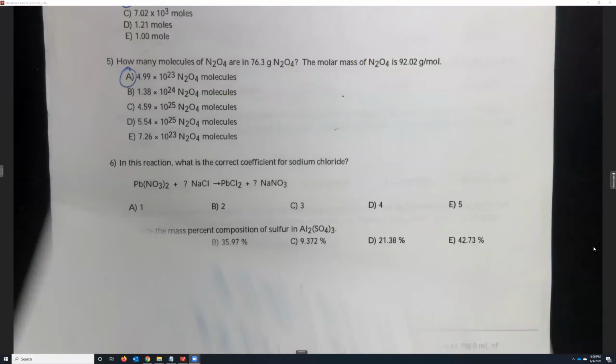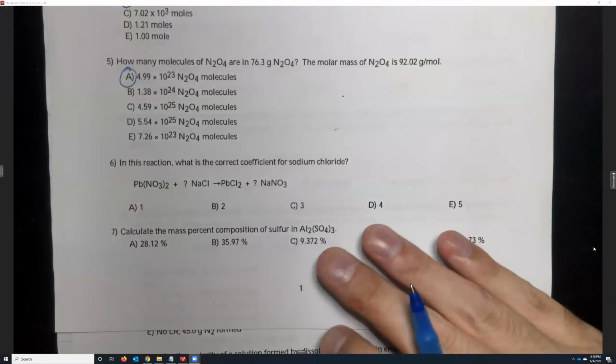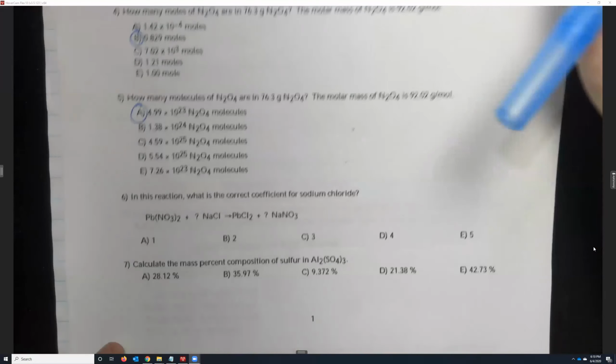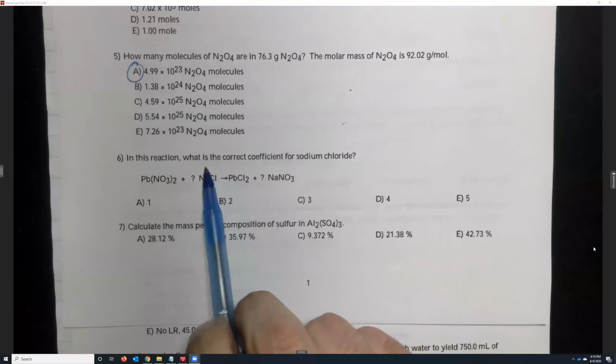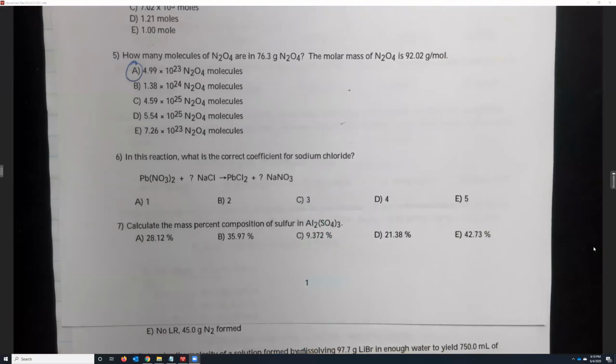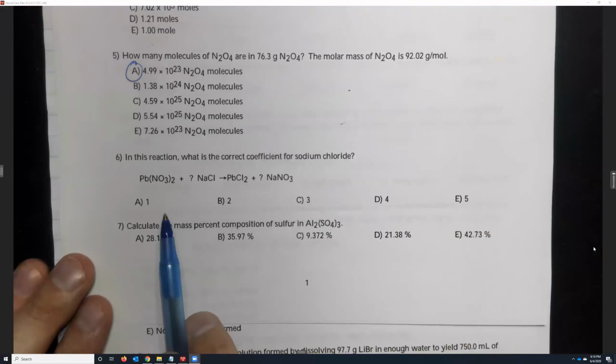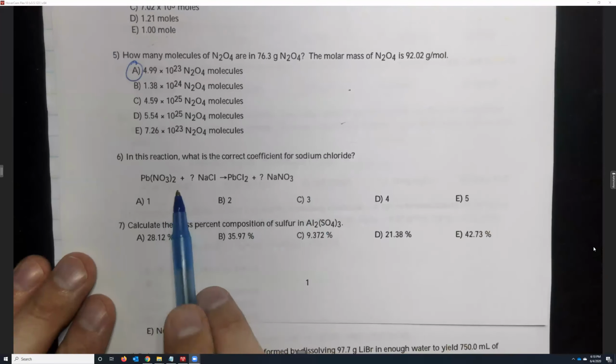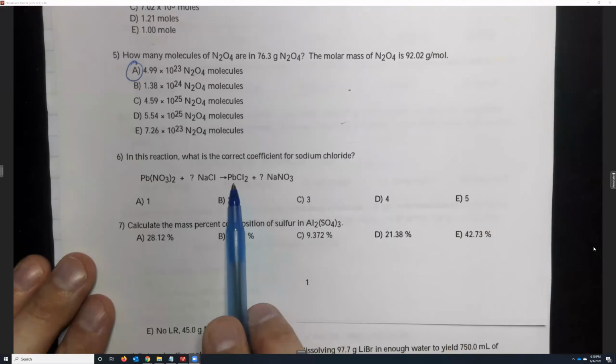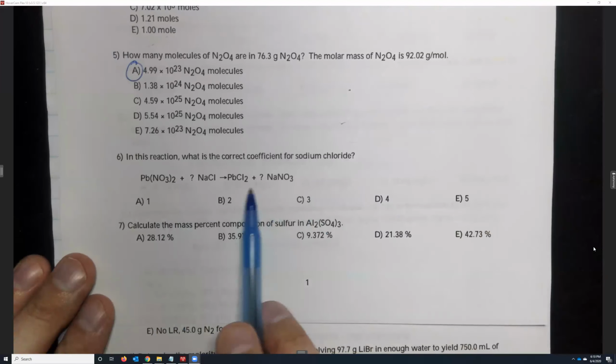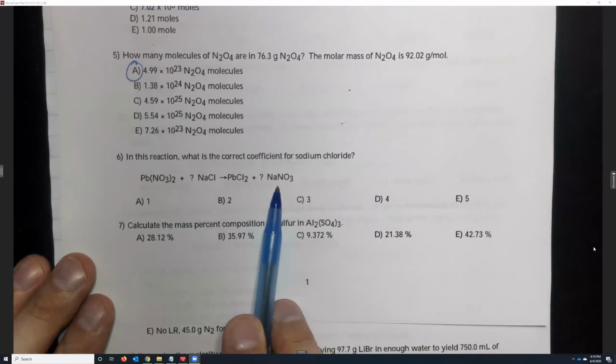All right. So the next one says, in this reaction, what is the correct coefficient for sodium chloride? So we have lead-2 nitrate reacting with NaCl to form PbCl2, lead-2 chloride, and sodium nitrate.